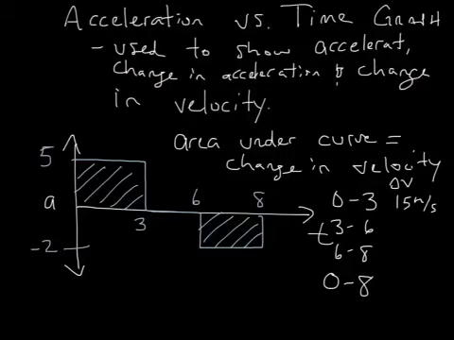From 3 to 6, there would be no change in velocity. From 6 to 8, that change in velocity would be a negative 4 meters per second. All right, so if we were going to add that all together, if we had a situation like this, the change in velocity would be a positive 11 meters per second.